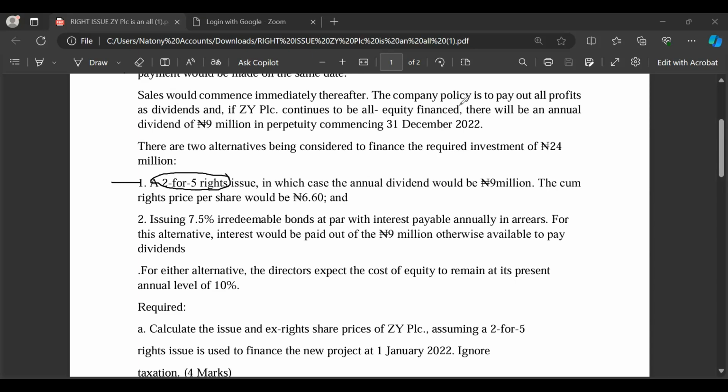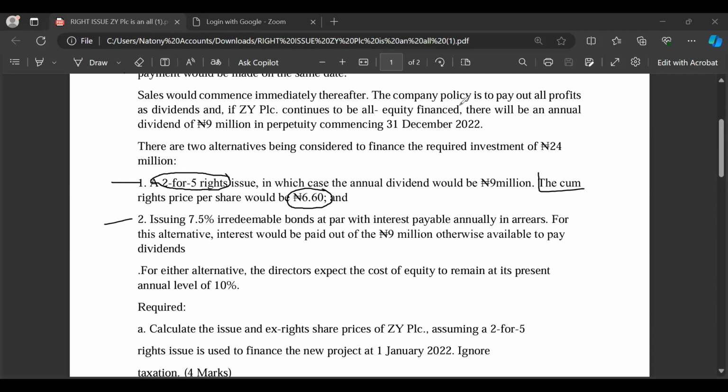The cum right price per share will be 660. So the cum right price means the share price before the right issue. That's the first alternative.